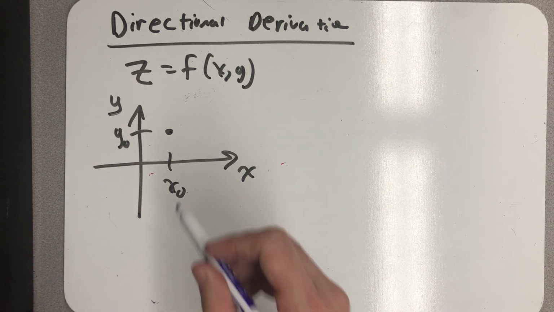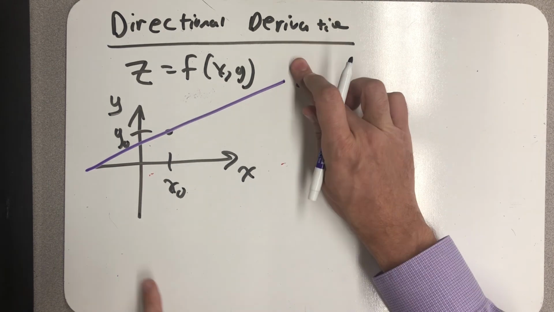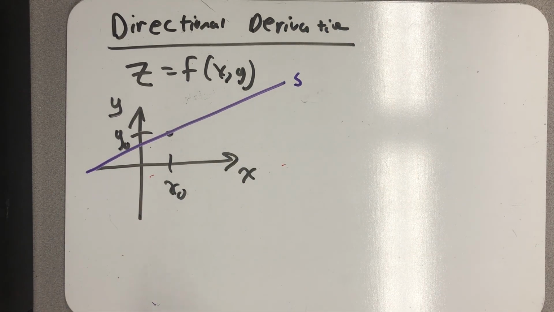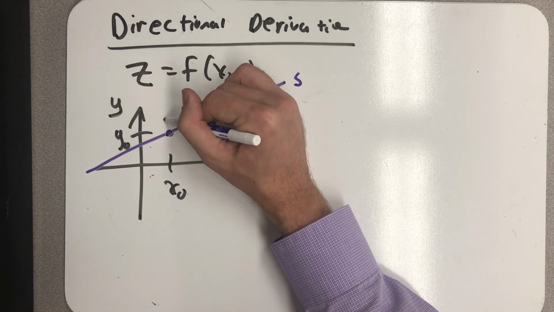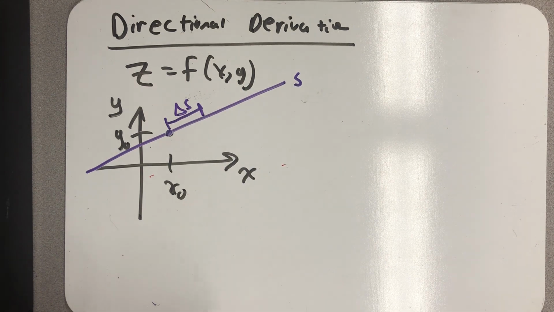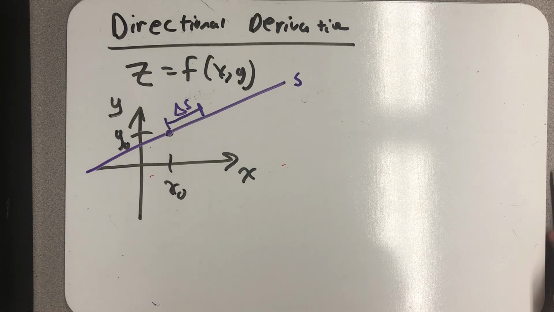I don't want one of those partials. I want to imagine that I'm finding a rate of change as I travel down an s-axis, right? Some other line. And so the idea here is I need to figure out what it means to increment on this line by an amount delta s, so that I can define a derivative in terms of that quantity, that delta s.